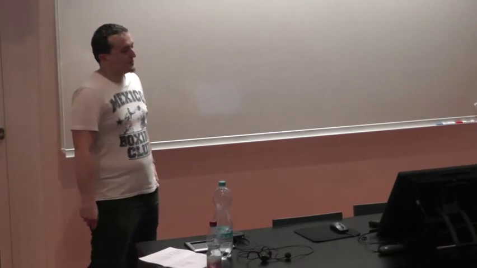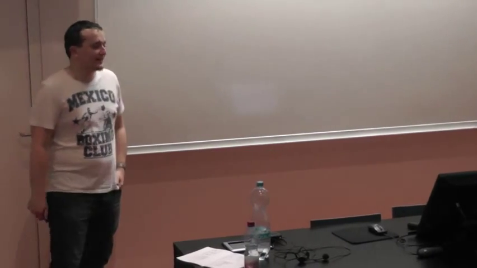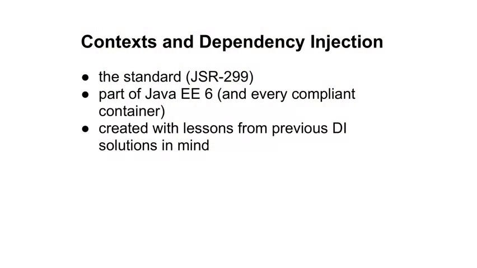The last Java dependency injection framework which we'll cover here is CDI, Context and Dependency Injection. It's actually a standard, JSR 299, and it is a part of the bigger standard Java EE 6, and it's contained in every compliant application server.